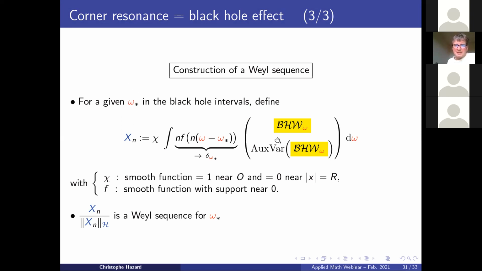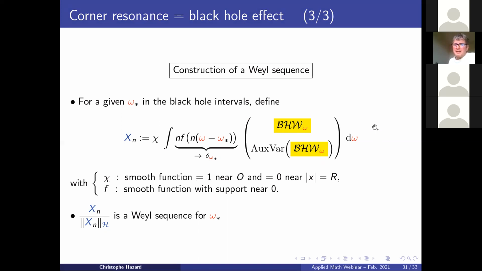And to do that, I use a sequence of functions such as this one here, which simply tends to a Dirac at this particular value, omega star. So I take a smooth function compactly supported near 0, and this sequence of functions tends to a Dirac. And for my xn here, I choose my black hole wave and the auxiliary variable u associated to this black hole.